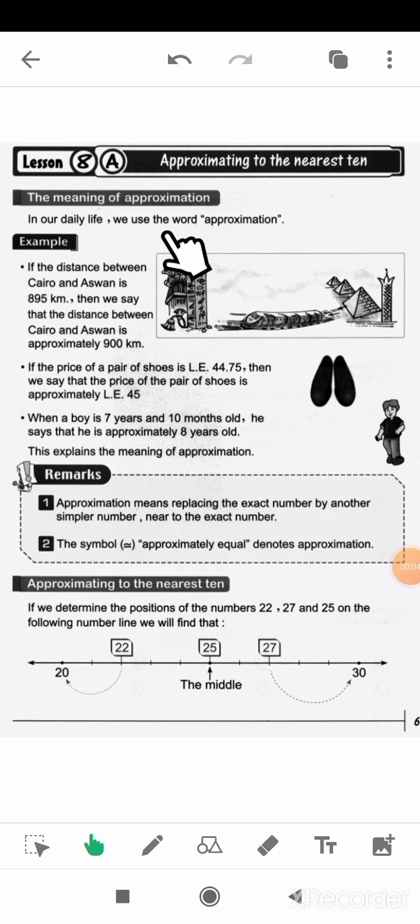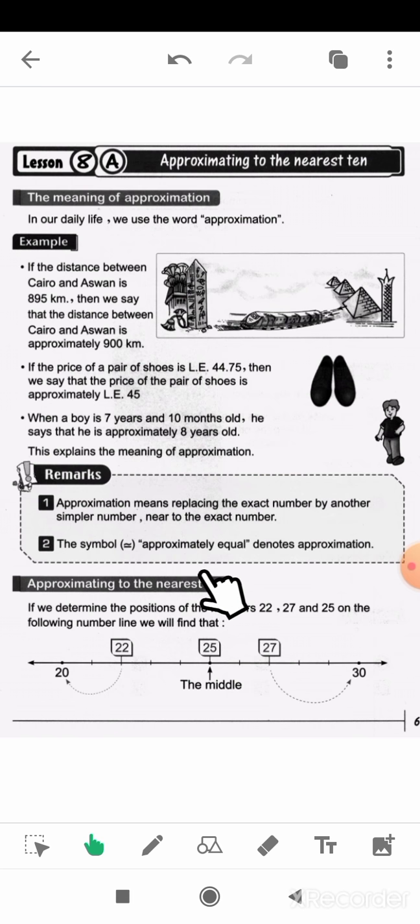The meaning of approximating in our words, or in our life: if the distance between Cairo and Aswan is 895 kilometers, then we say that the distance between Cairo and Aswan is approximately 900 kilometers. Another example: when a boy is 7 years and 10 months old, we say that he is approximately 8 years old.